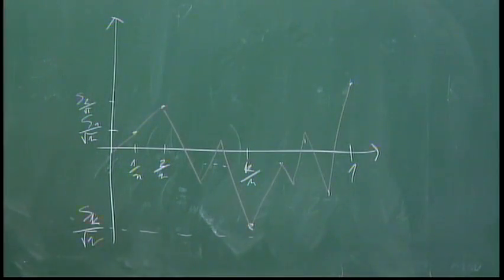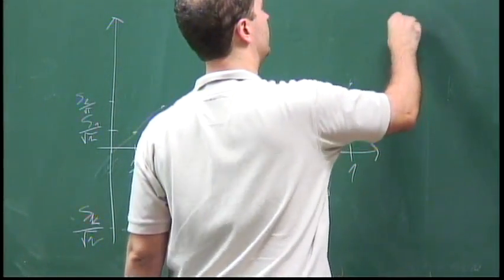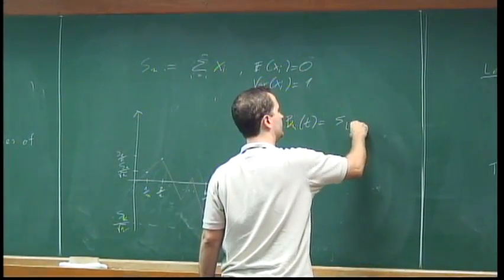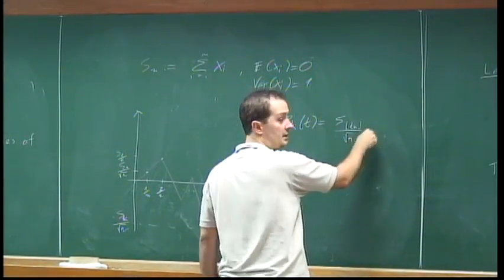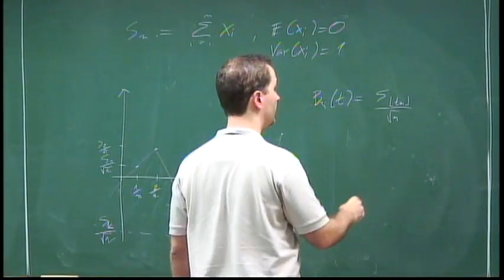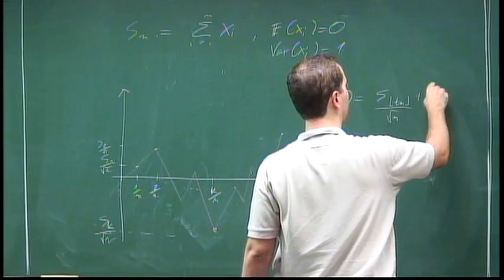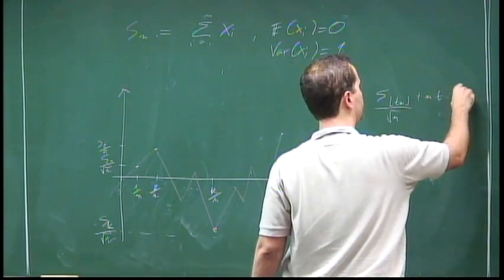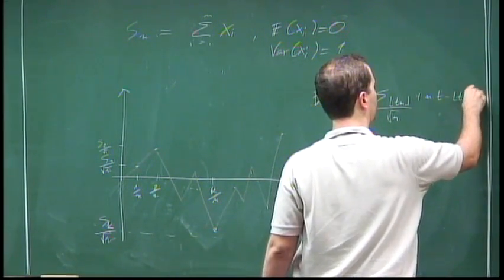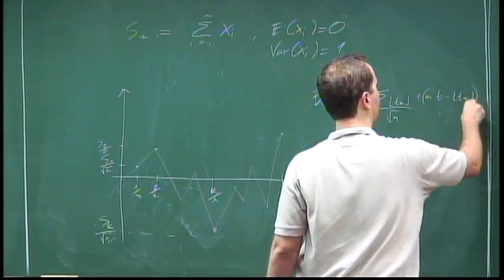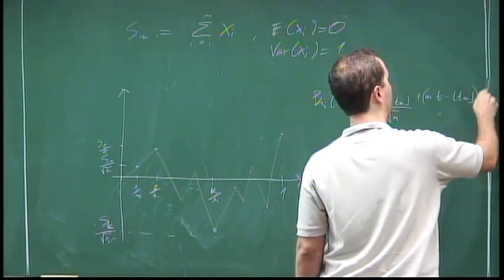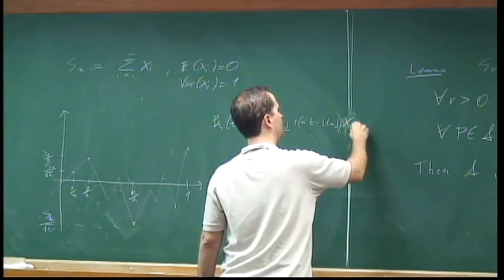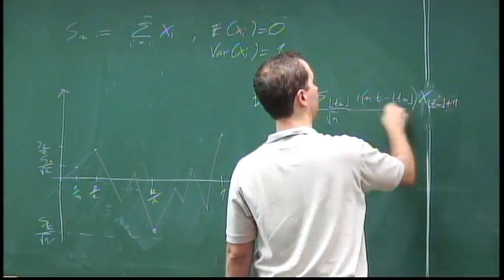Okay. So our continuous function is defined by V_n(t) being equal to S of the floor of t times n, plus (n times t minus floor of nt) times X of floor of nt plus 1.